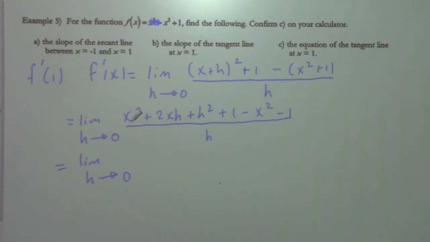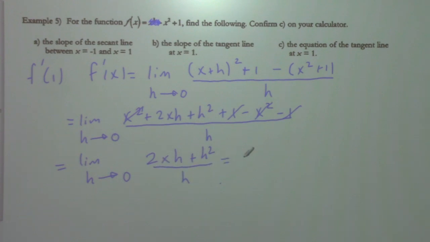of, that goes away, right? What else goes away? The 1 minus 1? Usually for sure, you're going to cancel out this last thing here. When you look at the last part of it, that's where you have your list of what you're canceling. So we have left 2xh plus h squared over h.